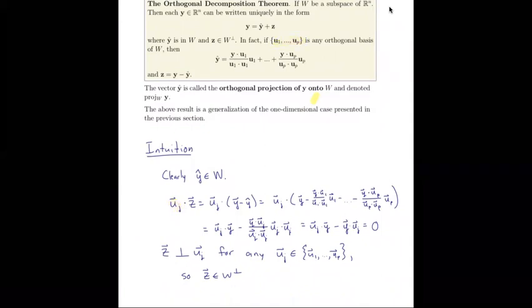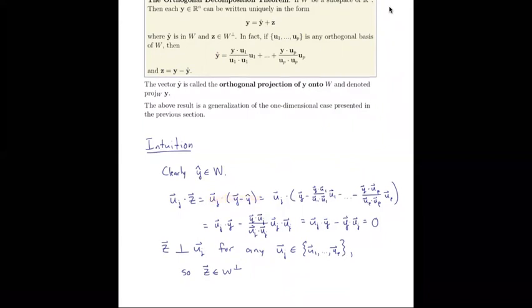What we'll see is that we dot uj and z, given by this expression. So we write down what that means: it's uj dotted, or inner product, with y minus y hat, built by this formula. We write down first what y hat is, again that's this larger expression here, and that's written into here.